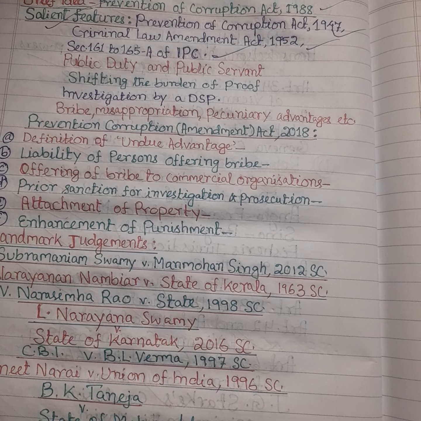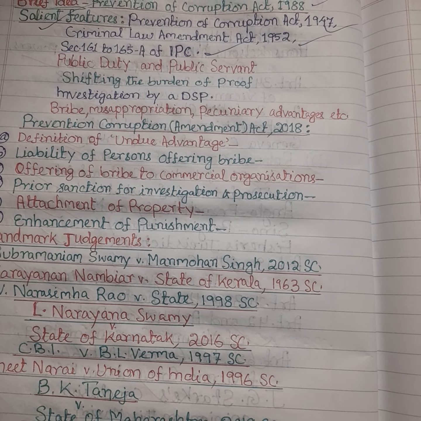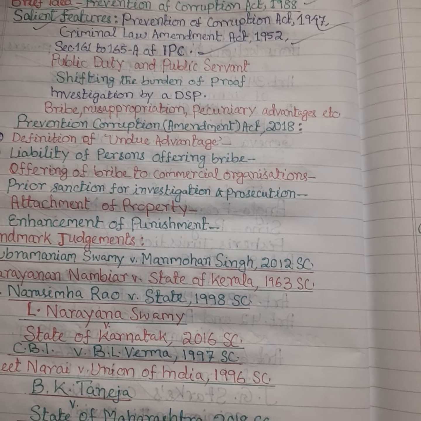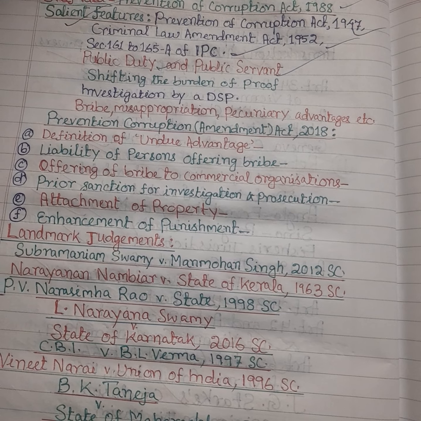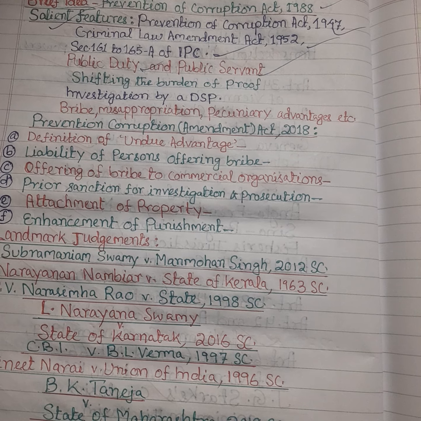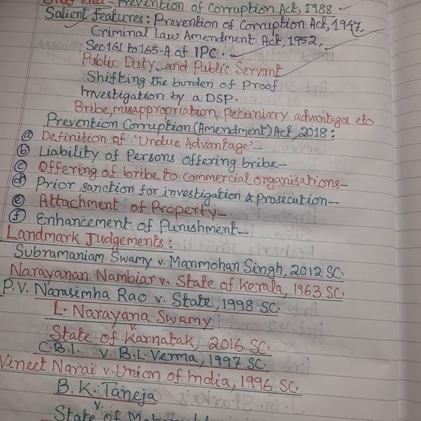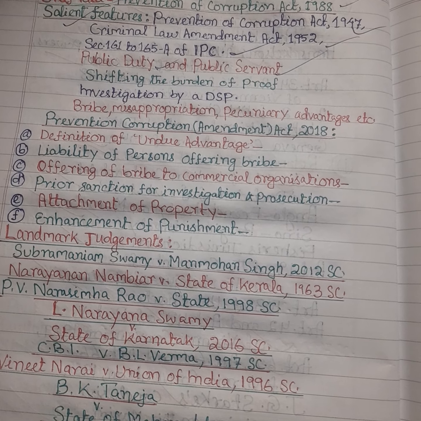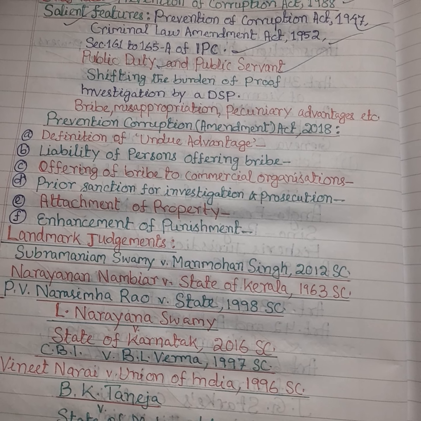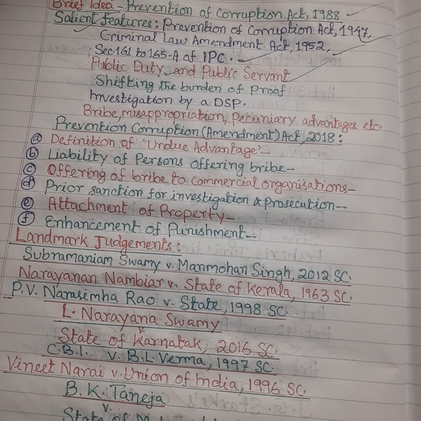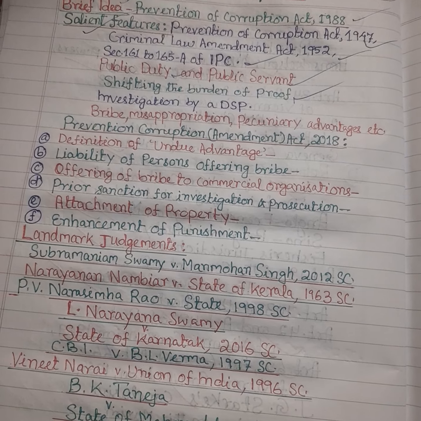It enlarged the scope of the definition, such as public duty and also public servant. It shifted the burden of proof from the prosecution, as mentioned in the Criminal Procedure Code, to the accused who is charged with the offense.